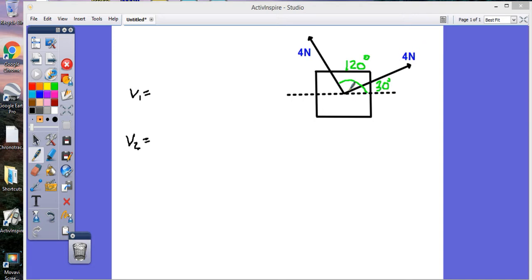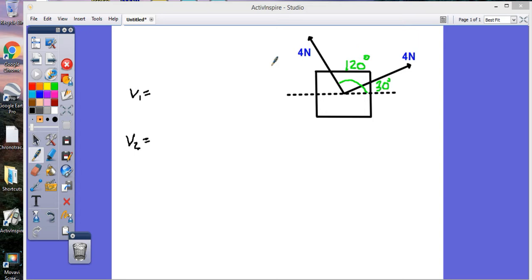So you have a 4 Newton force in this direction, and a 4 Newton force in this direction, and you're trying to find out if both of these forces are pushing on this block, what angle is this block going to move with what force. So we're expecting the two forces combined will probably push it in this general direction, and the force is probably going to be greater than 4 newtons.